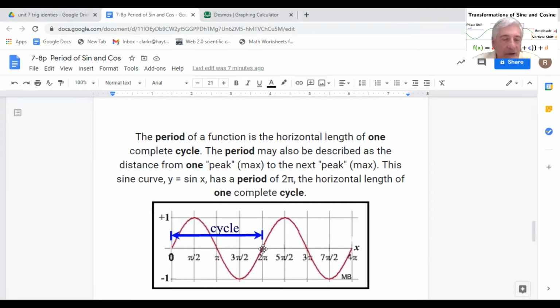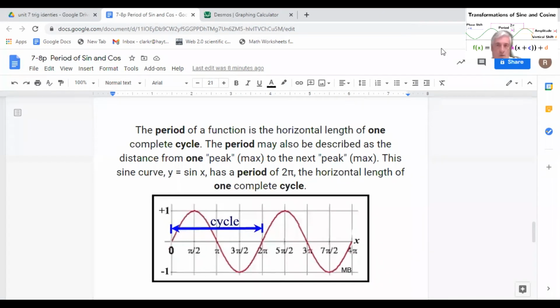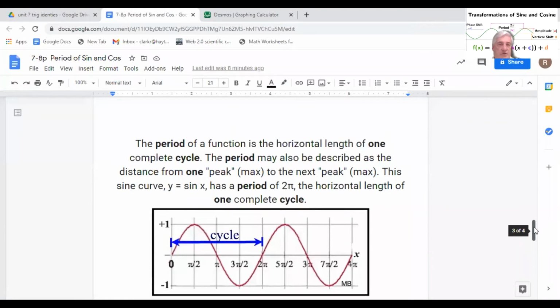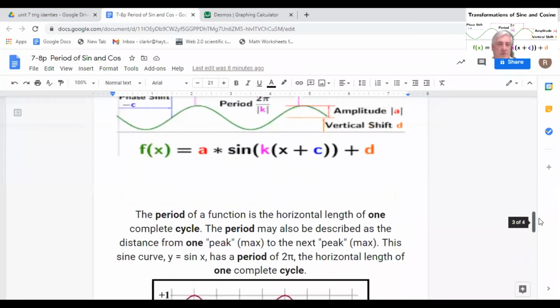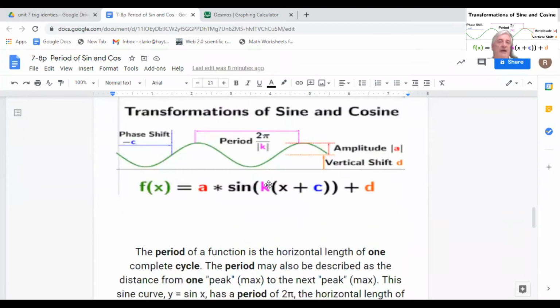That's a period. It is 1 up hump, 1 down hump. How do we get the period? It's going to be right there in front of x. It's normally 1x. When we change that, we'll get a different period.